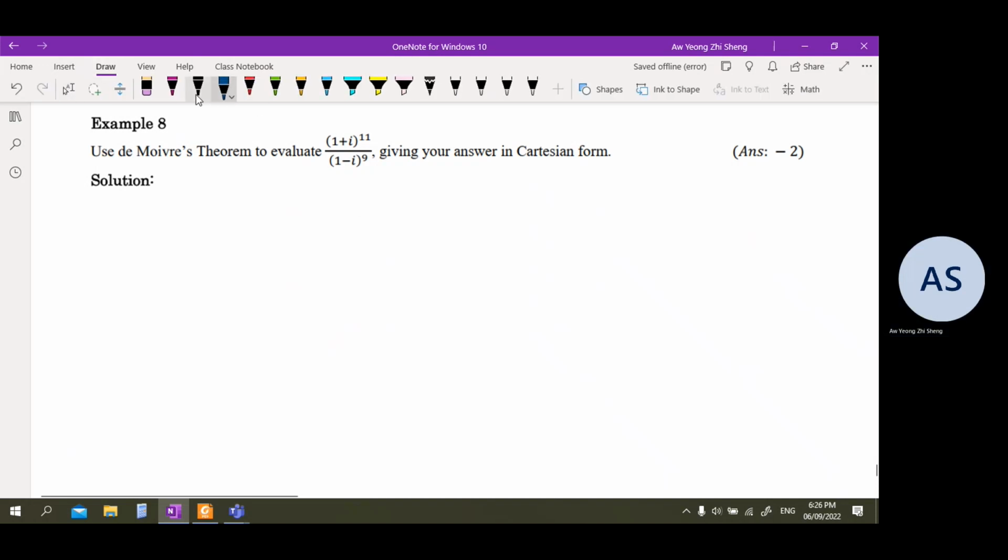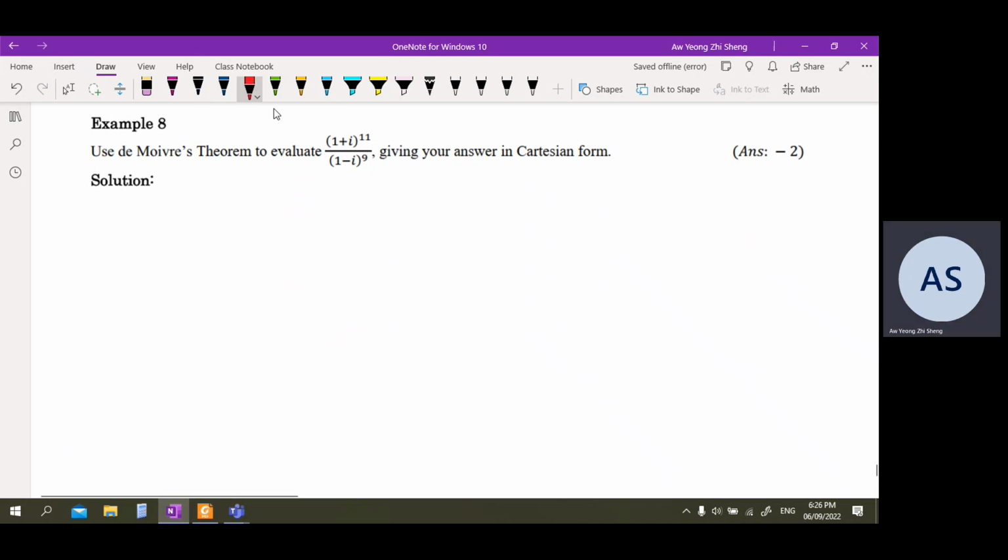Okay. So, remember that the Moivre's theorem can only be applied to polar forms, which are exponential and modulus argument form. The Moivre's theorem cannot be applied to Cartesian form.